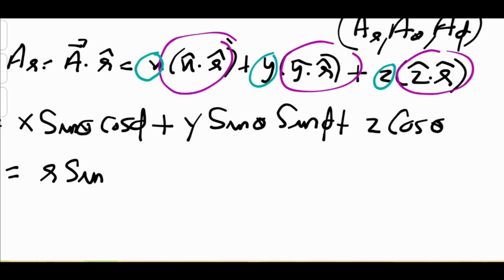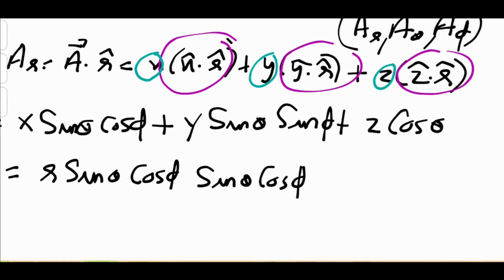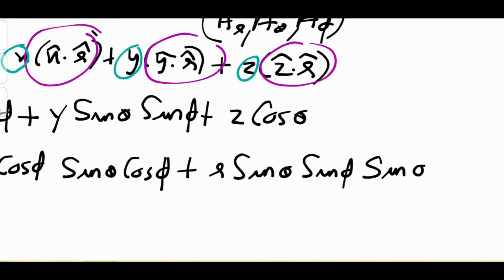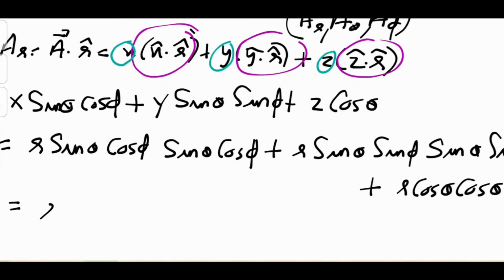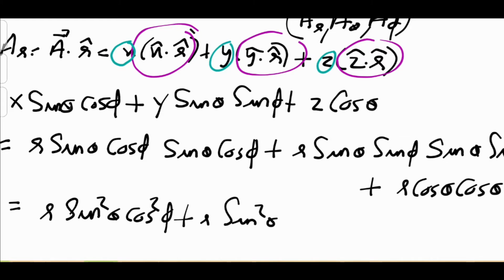So it will be r sine theta cos phi times sine theta cos phi plus r sine theta sine phi times sine theta sine phi plus z, which is r cos theta, right? So it will become r sine square theta cos square phi plus r sine square theta sine square phi plus r cos square theta.